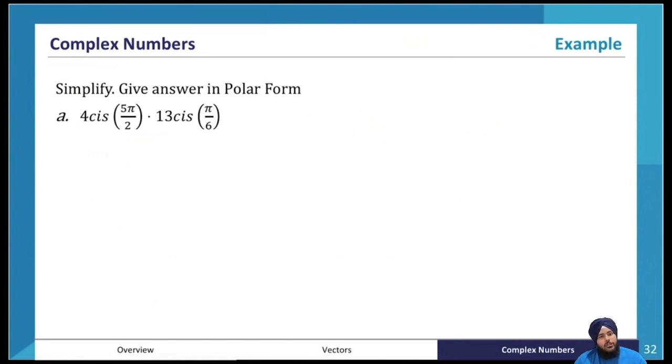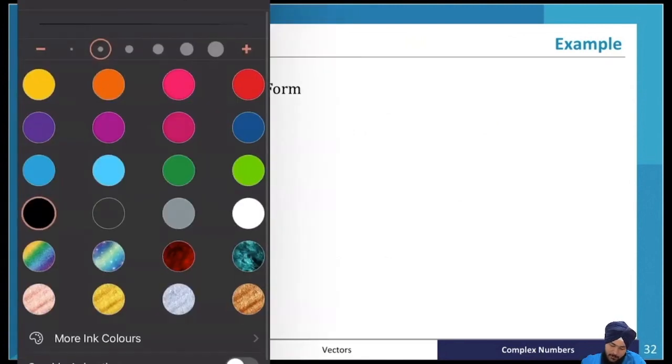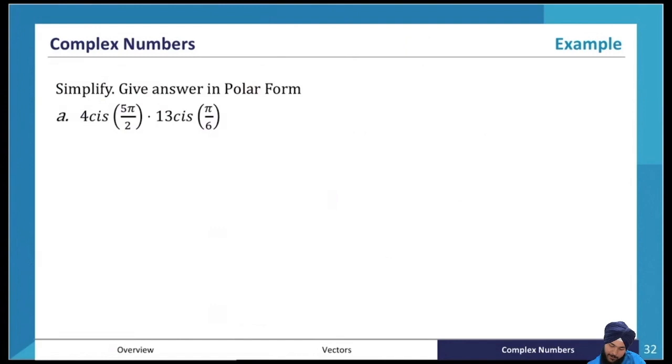Okay, here we have a quick question. Simplify, give answer in polar form. If we want to simplify this, what we need to do is first of all multiply the magnitudes. 13 times 4 will be 52. Next, we need to add the angles.